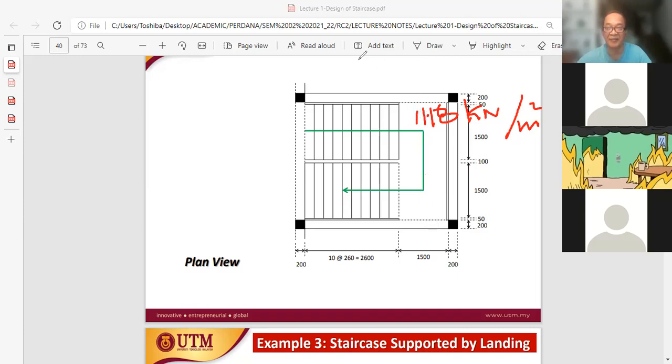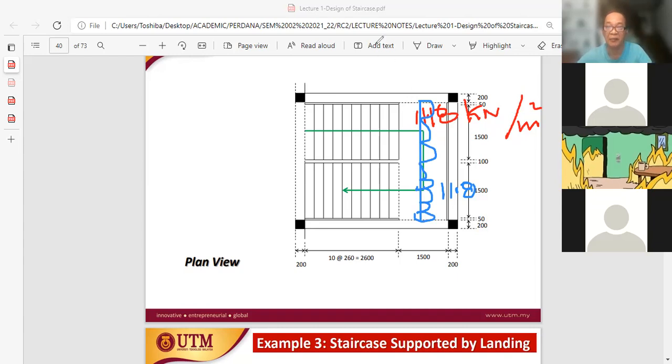This is my loading, or my reaction from the staircase, 11.8. This 11.8 is the shear force. This is the reaction coming from the staircase. This is 11.18, and this is 11.8. This 11.18 is the design load on the staircase.